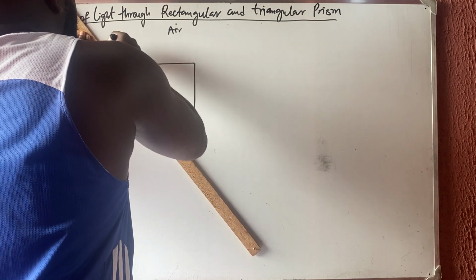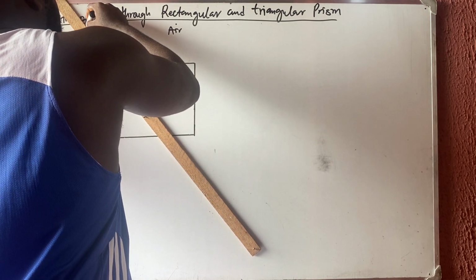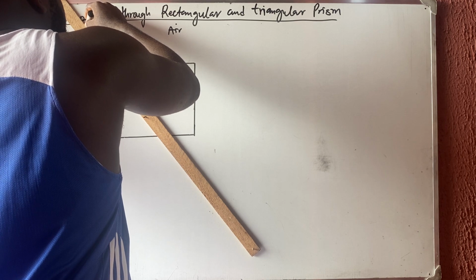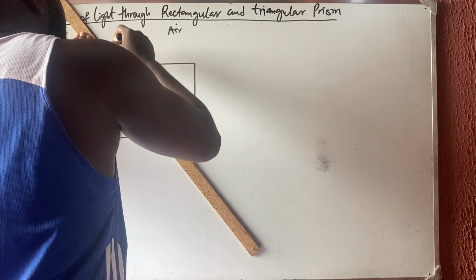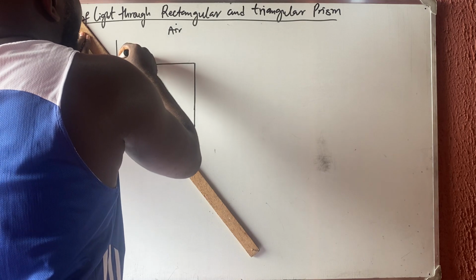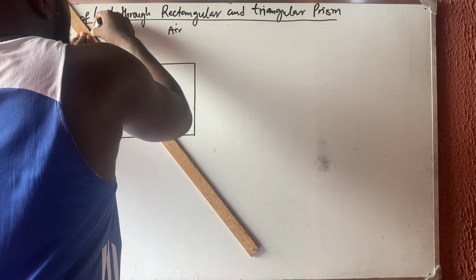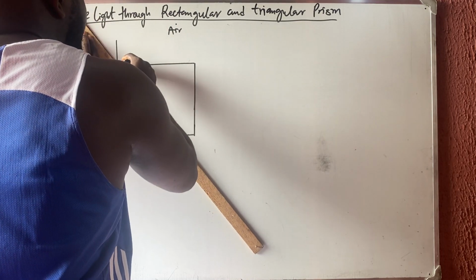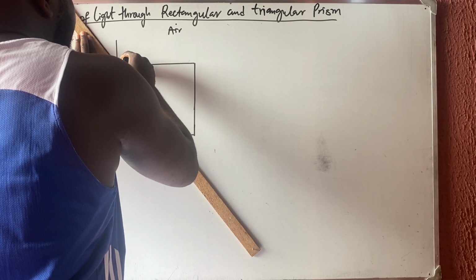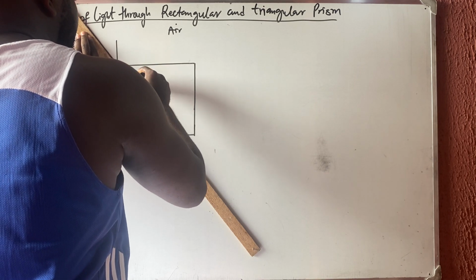So since glass is denser than air, look at the incident ray here. This is the incident ray. If there is no glass here, it is supposed to continue moving in a straight line like this.